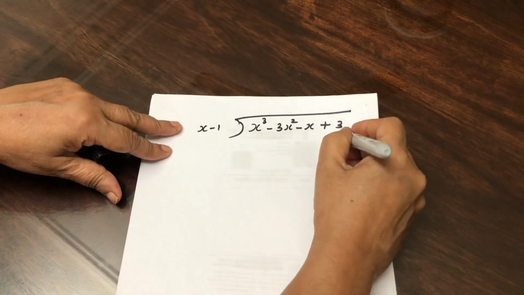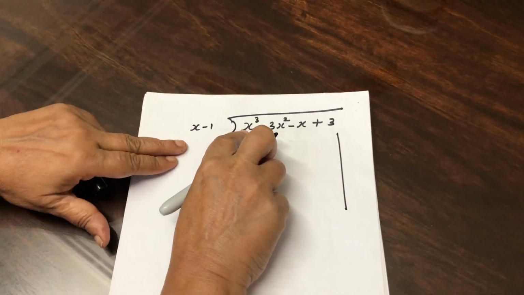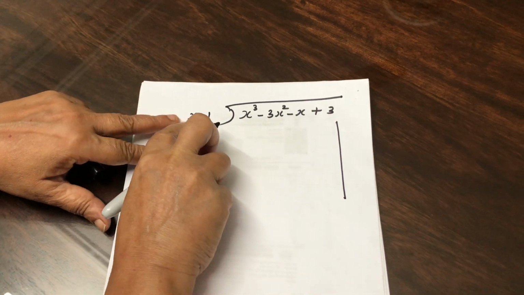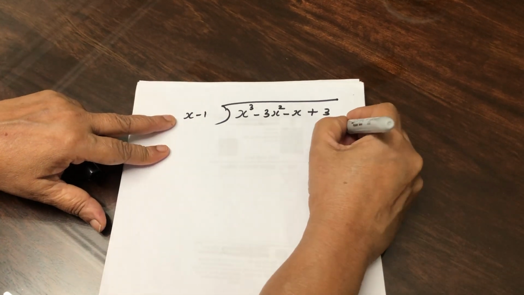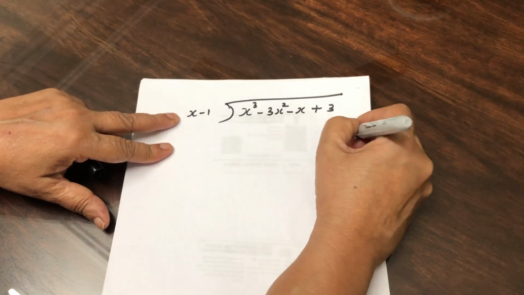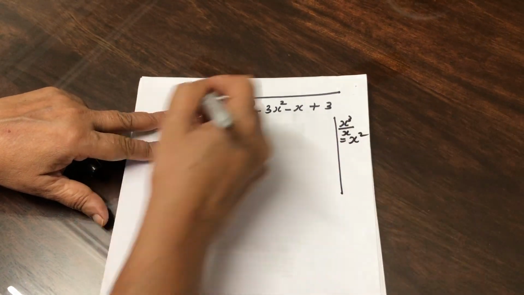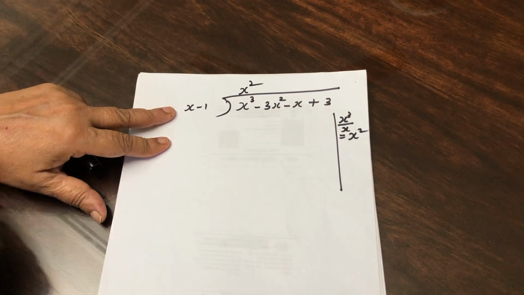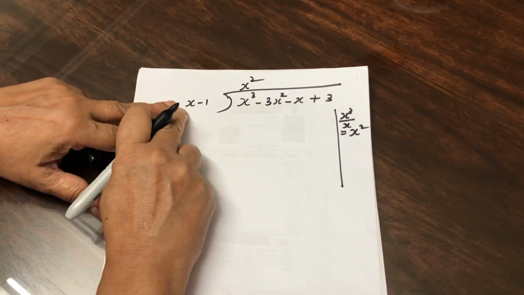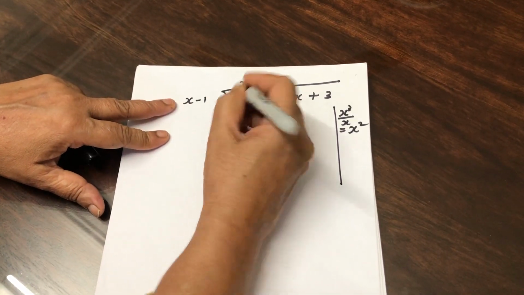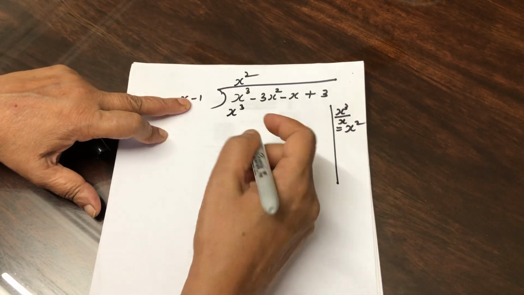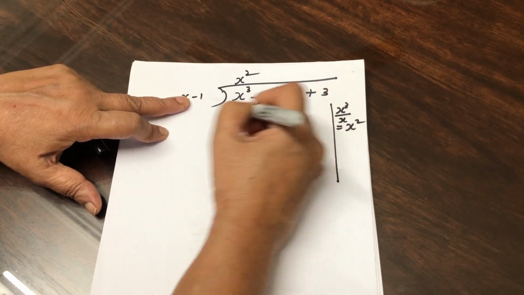First term is x cube, and the first term of the divisor is x. So x cube by x, the x cancels, it is x squared. So the coefficient is x squared. Then you multiply x squared into x plus 1, which is x cube plus x squared.